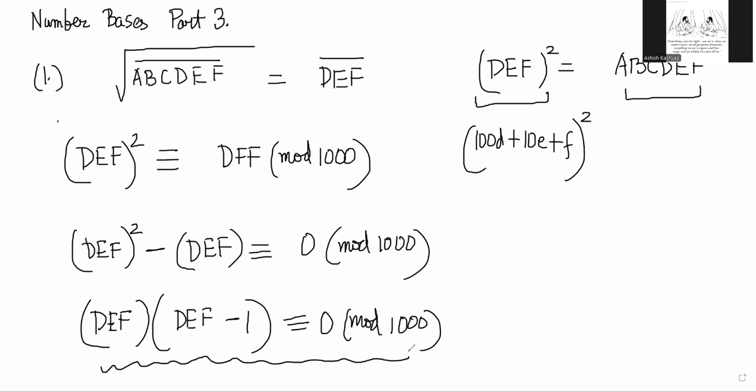Let's see what we can figure out from here. We know that if there are two consecutive numbers, they are co-prime.